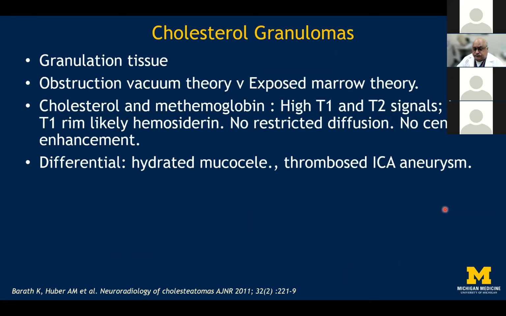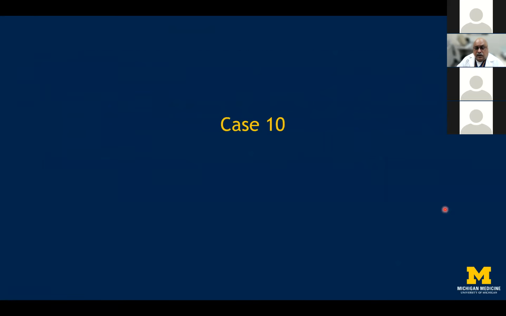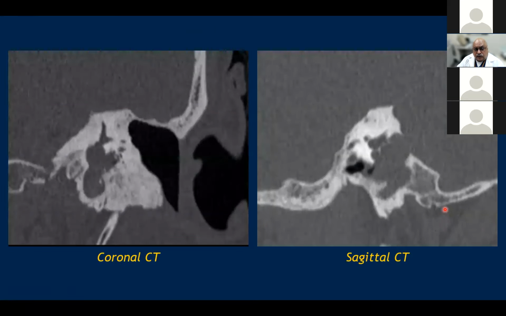And it shows no restricted diffusion, and a hydrated mucocele and an ICA aneurysm are in the differential. As opposed to this patient who had shown this cavitatory lesion in the middle, in the petrous bone, which erodes the skull base, including portions of the sinus plate on the sagittal reconstructed images.